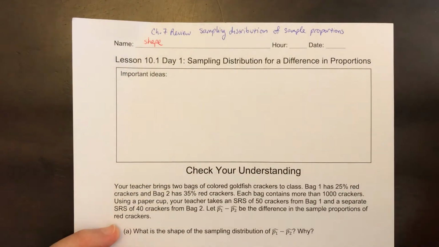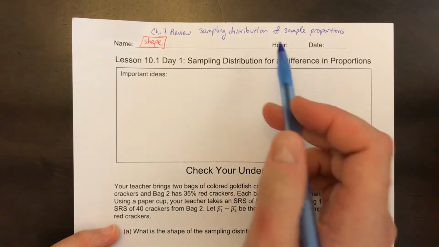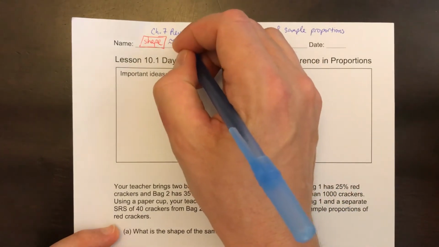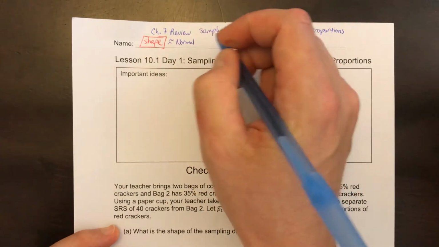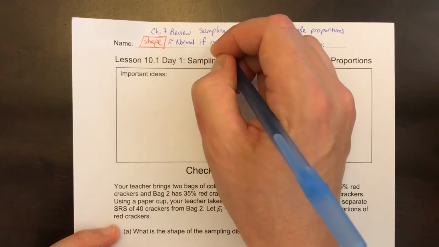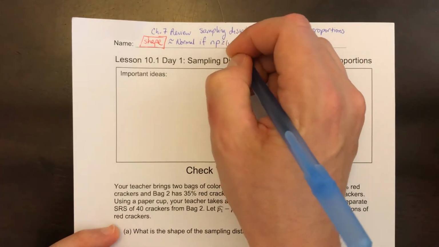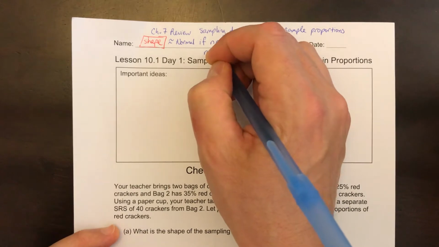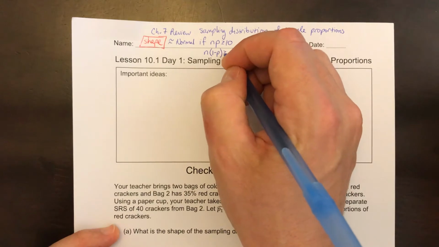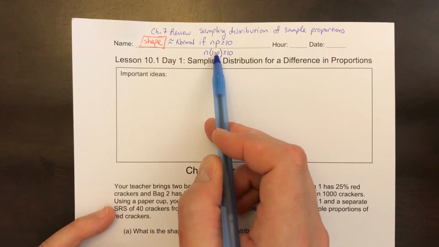The shape of a sampling distribution of a sample proportion is going to be approximately normal, as long as the sample size n times the proportion p is greater than or equal to 10, and n times 1 minus p is also greater than or equal to 10. So this is what we call the large counts condition.